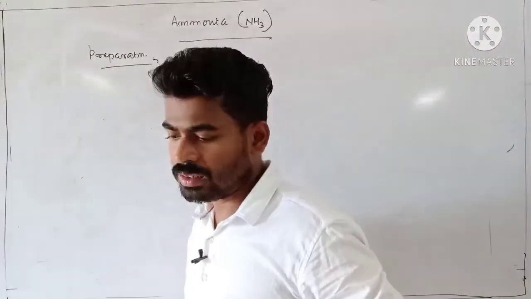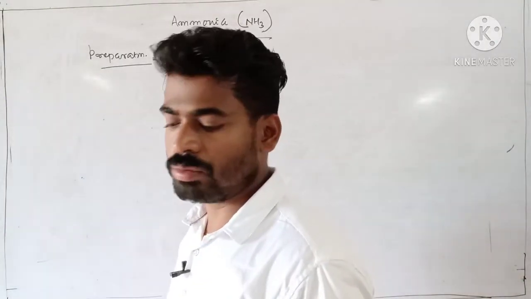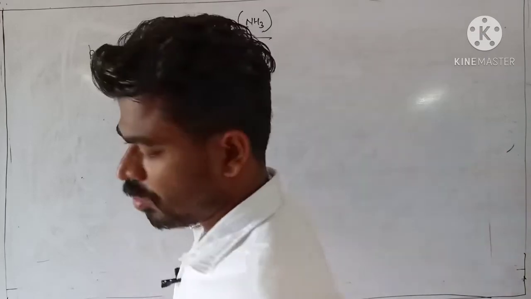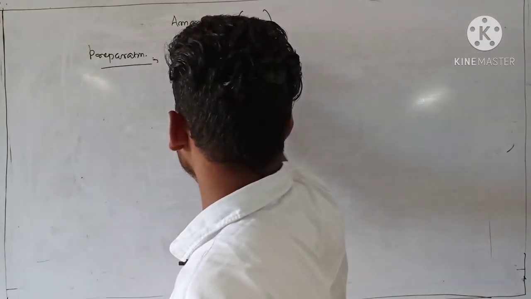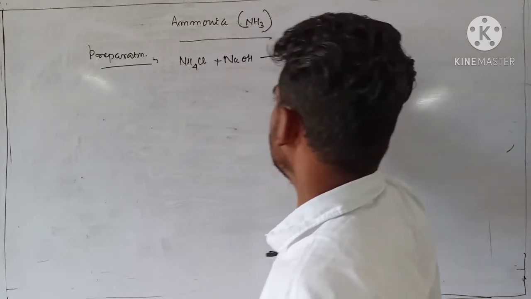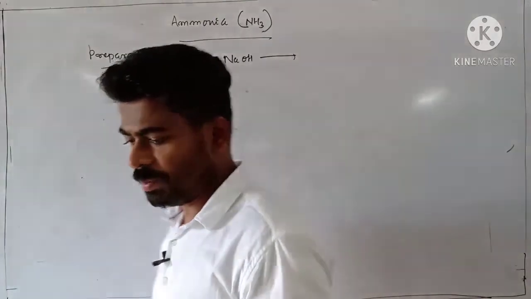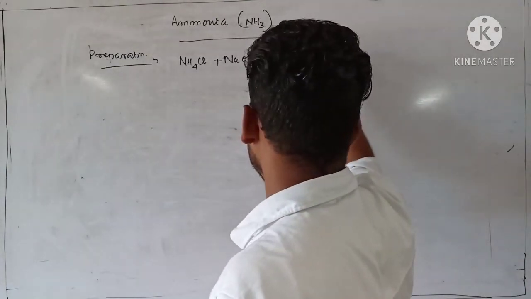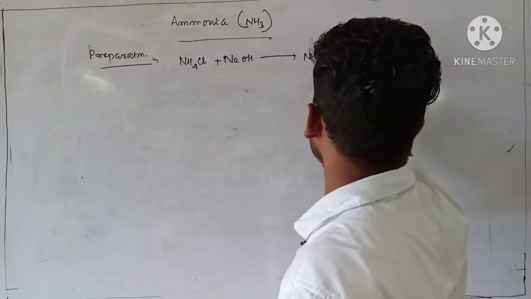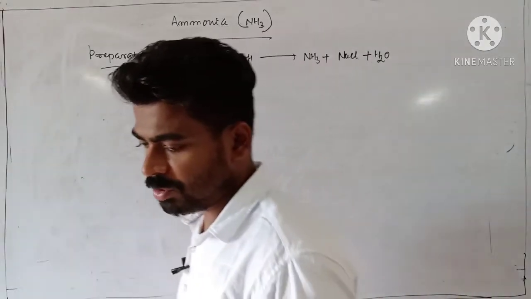Ammonia can be prepared from ammonium salts. The reaction is NH4Cl, ammonium chloride, treated with sodium hydroxide, NaOH. It forms ammonia plus NaCl plus H2O. This is one method of preparation of ammonia.